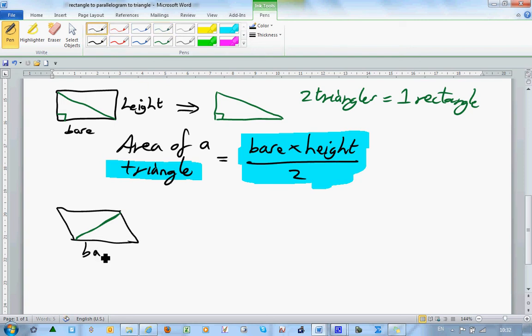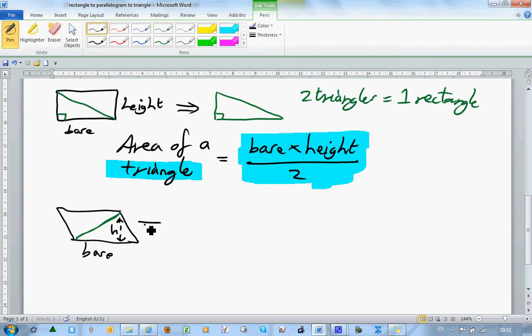So let's have a look. That then turns into our triangle. That changes into our triangle, which looks like that, and is not necessarily right angled anymore.